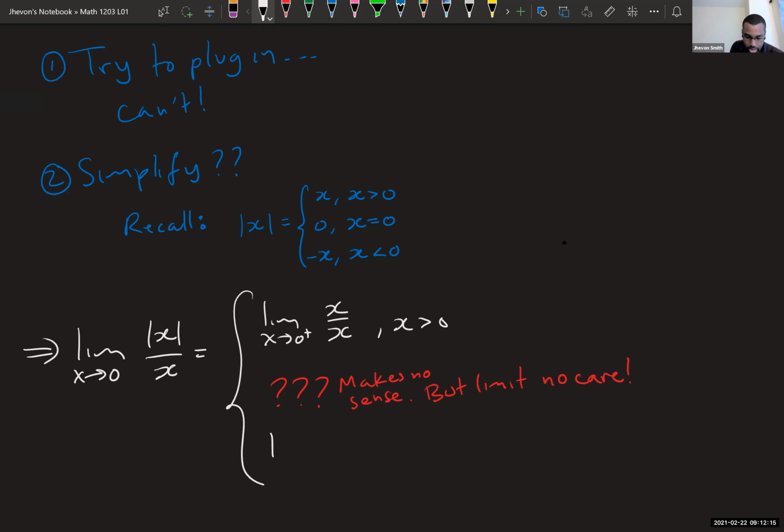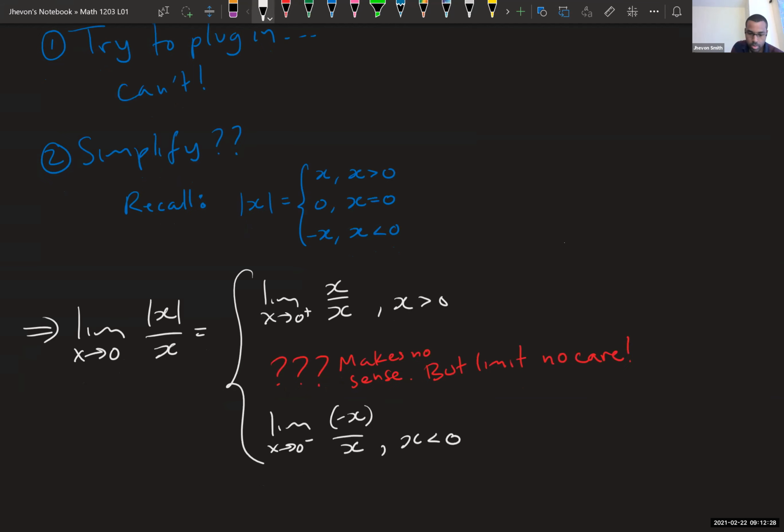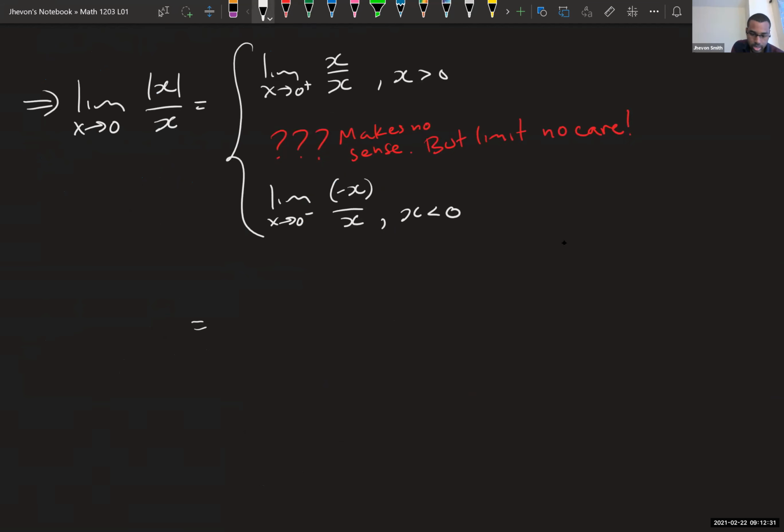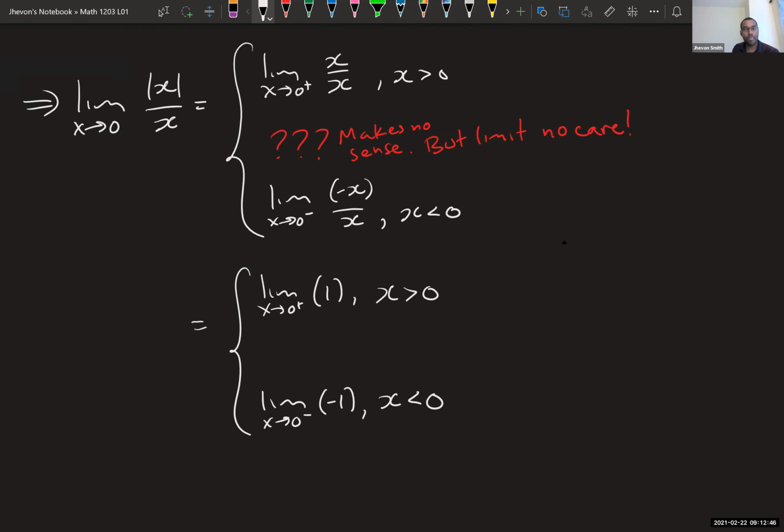And then here, when we're negative, absolute value gets replaced with negative x. So then you're going to realize, oh, this simplifies to 1 if I'm on the positive side, and it's going to simplify to -1 if I'm on the negative side.